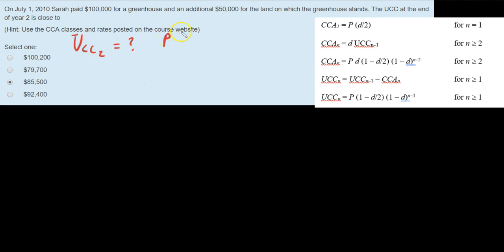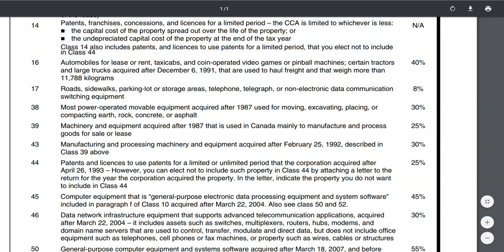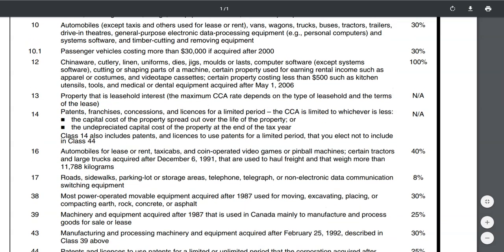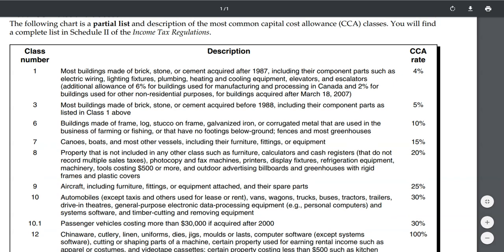We have to take the different costs separately in these kinds of questions. So, cost of the greenhouse is $100,000. And it's going to have its own corresponding rate according to that table, which is basically this chart here. So it's a greenhouse, right? $100,000 for a greenhouse. And you can find greenhouse here in Class number 6.